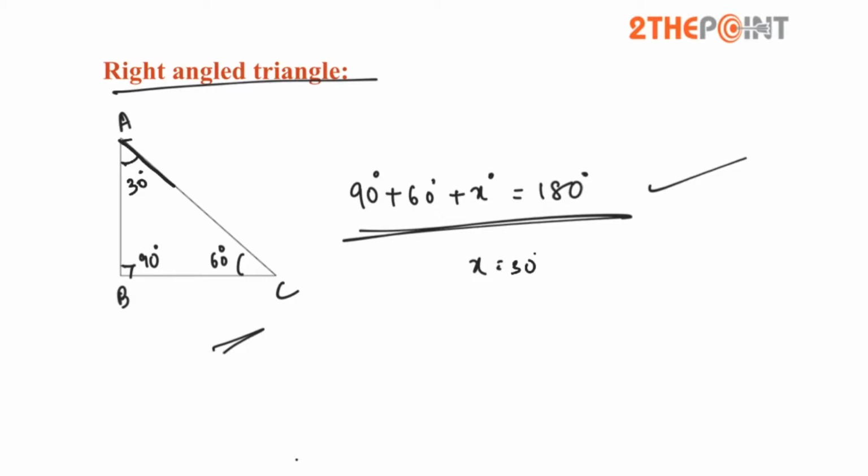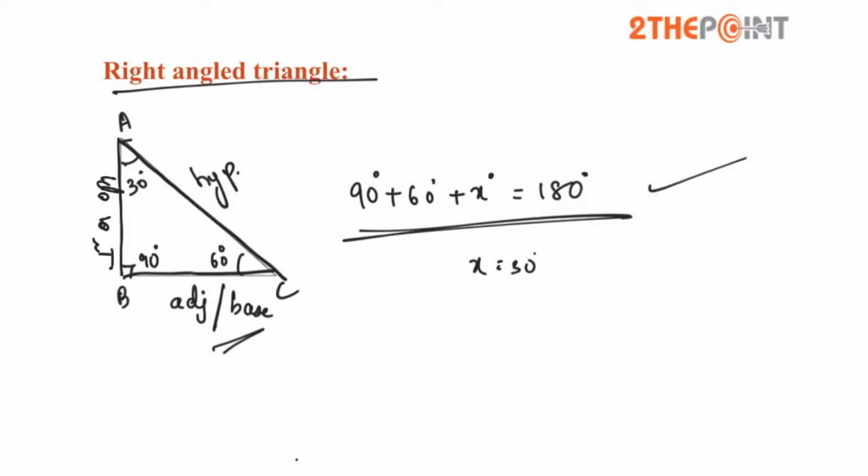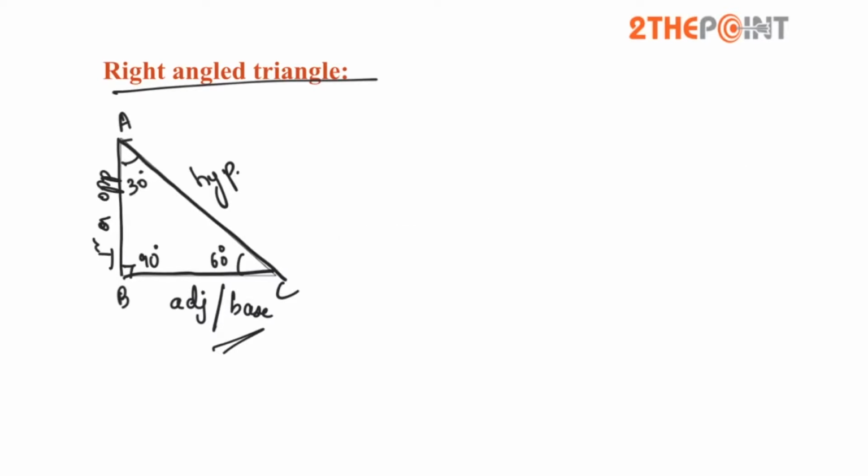The longest side in the right angle triangle is called hypotenuse. The side which is next to the angle is called adjacent. This is also called the base. And the left out side here is called the perpendicular or opposite side. Let's write the sides to define the angle. Sin theta is equal to opposite by hypotenuse, which can also be said as perpendicular to hypotenuse.